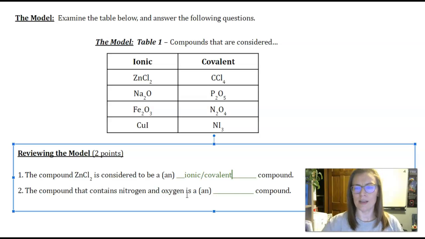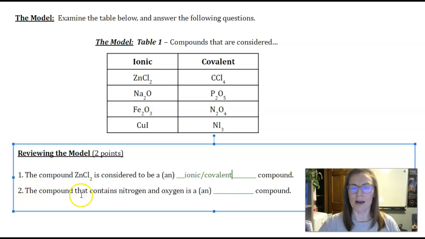All right, you're going to do the same thing below for number 2, the compound that contains nitrogen and oxygen. So find the compound above that contains those two elements and determine whether it is ionic or covalent based on where it is in the table.